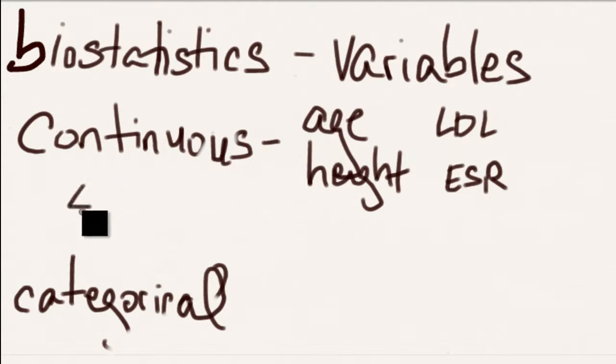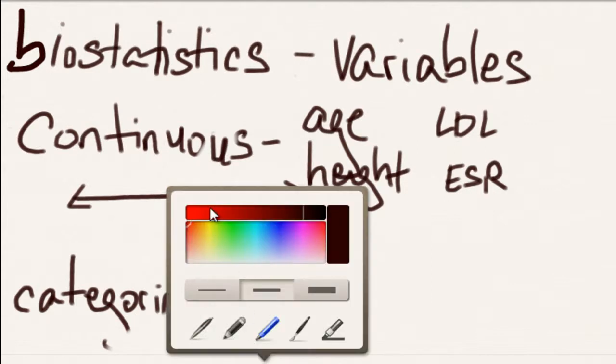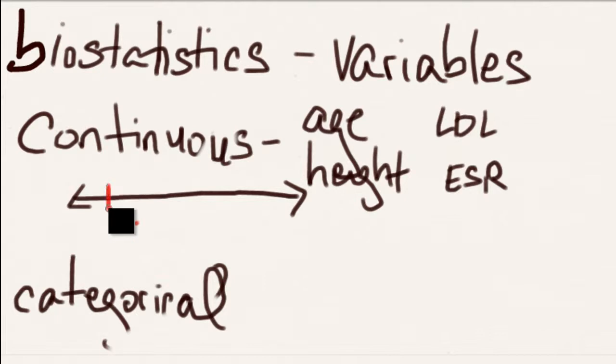So you know that if you're talking about age, for example, a number here is certainly a certain number of units lower than a number here, and a certain number of units lower than the number here. That's what characterizes continuous variables.